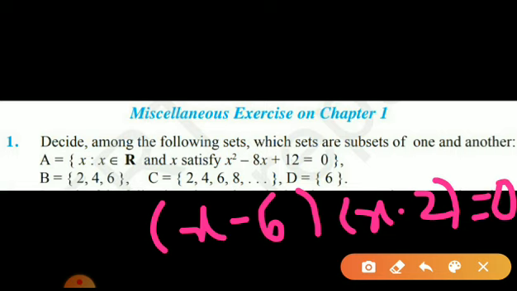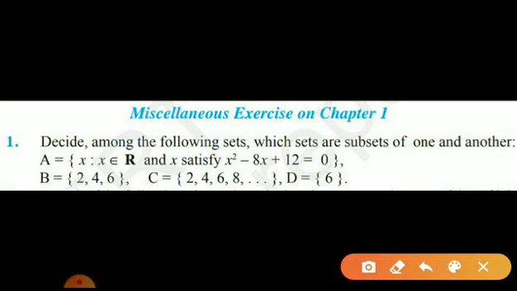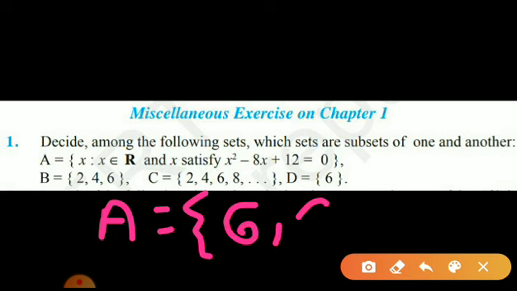That means what are the values of x? x will be equal to 6 because x minus 6 equal to 0 implies x is equal to 6, and x will be equal to 2. Clear? That means can I say that my set A contains the elements 6 comma 2, or you can write it as 2 comma 6, no issue.